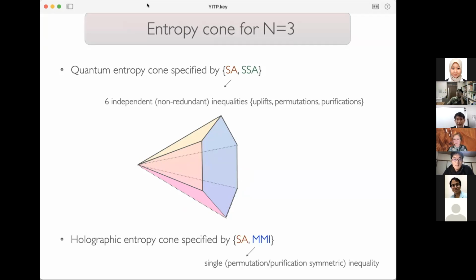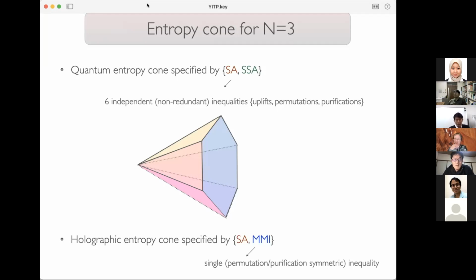Can I ask you one question? Here, I guess by definition, the holographic entropy cone is a necessary condition for a holographic theory. But if you take N to be sufficiently large, do you expect the holographic entropy cone is also a sufficient condition for holography? No. I mean, it depends on what you mean by the holographic entropy cone being sufficient.